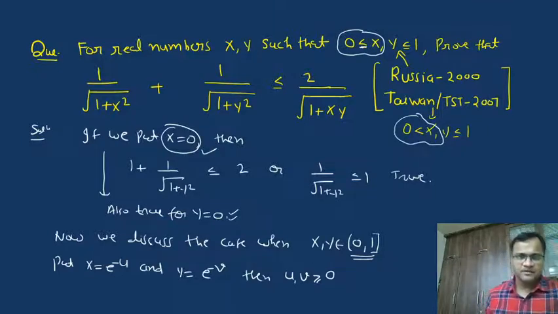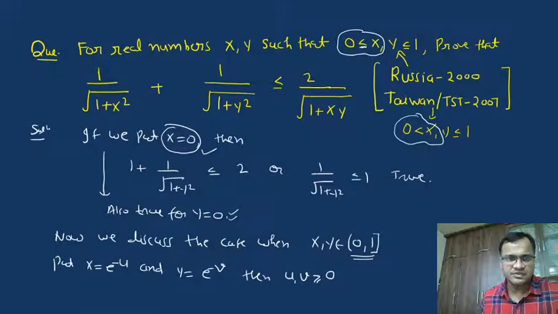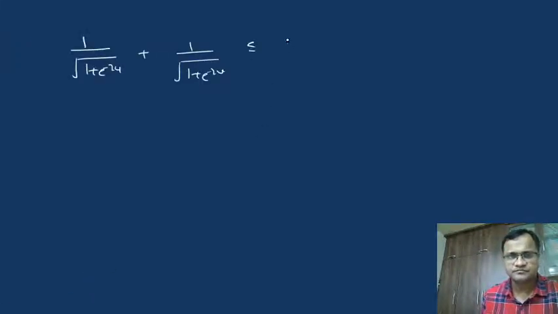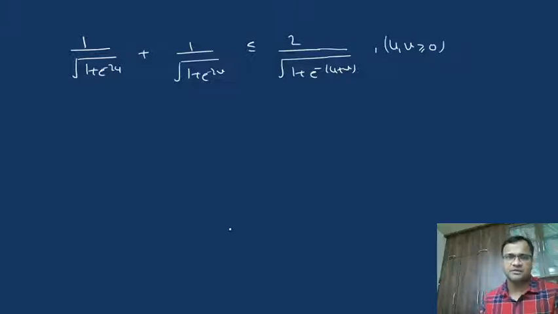Okay, then it is equivalent to prove 1 upon root under 1 plus e to the power minus 2u plus 1 upon root under 1 plus e to the power minus 2v is less than or equal to 2 upon root under 1 plus e to the power minus of u plus v, where u and v both are non-negative real numbers.